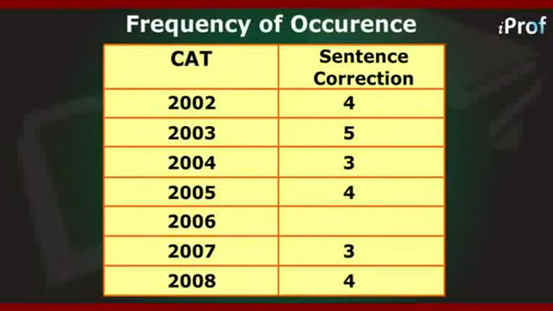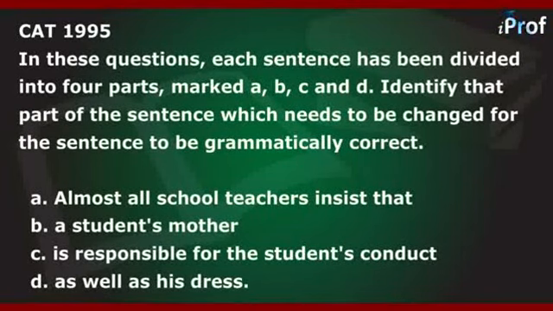As you can see in the table, sentence correction has been a regular feature of the verbal ability section of the CAT for many years now. So, we cannot ignore it. This is precisely the reason why we have dedicated this full session to sentence correction. Let's start with this example that you see.